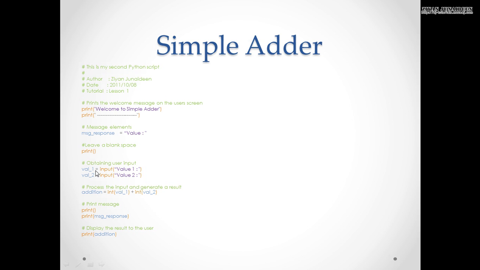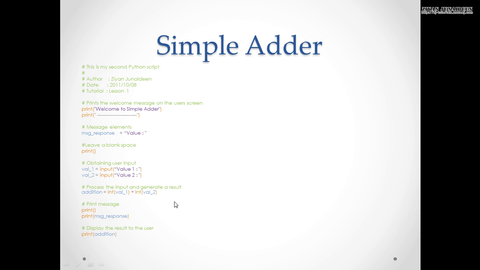They'll be saved as strings in val1 and val2, and thereafter they will be cast and saved as the addition in the variable named addition, and thereafter once again the response will be printed. This will not be included in the screencast, but the code of this will be there. Feel free to play with it, don't be afraid, just have fun with programming.